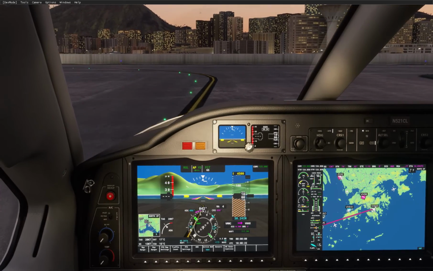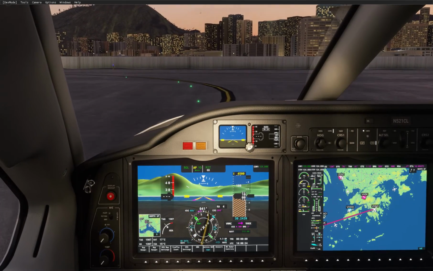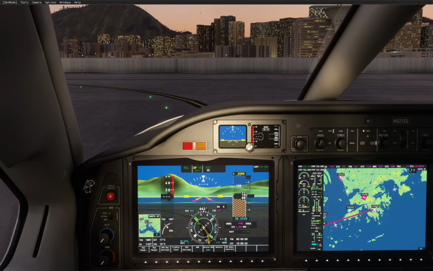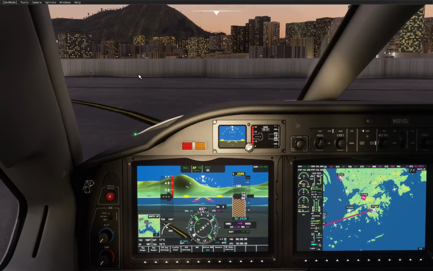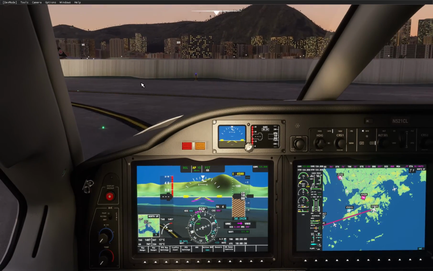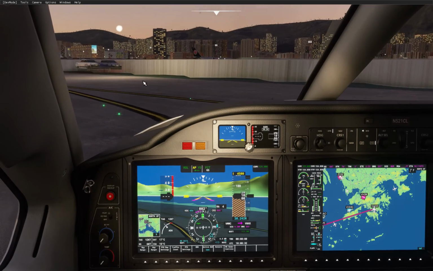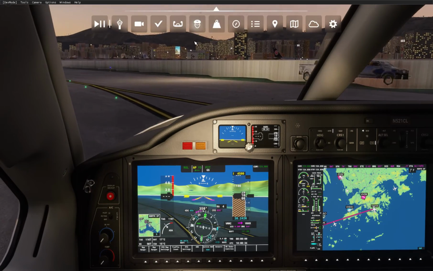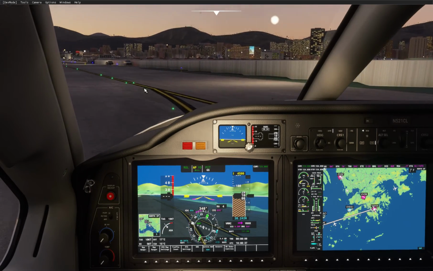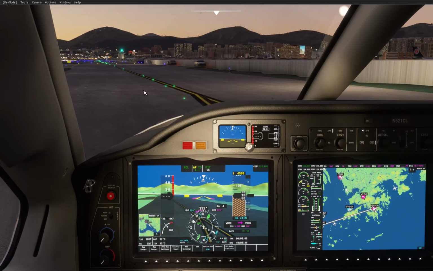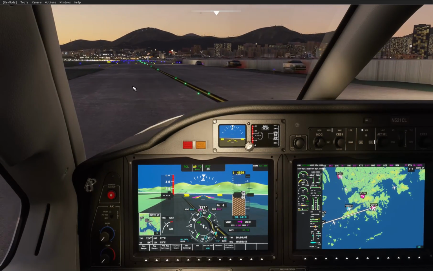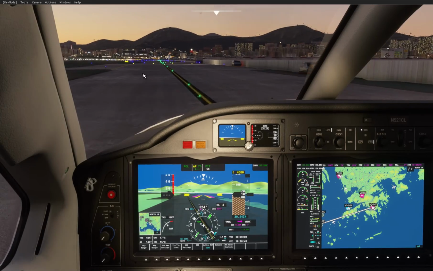Wraps up. These floating lights are a known bug that they'll be fixing later.